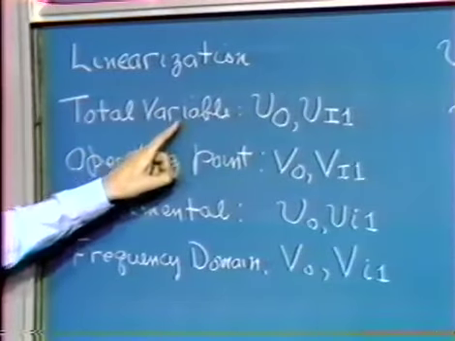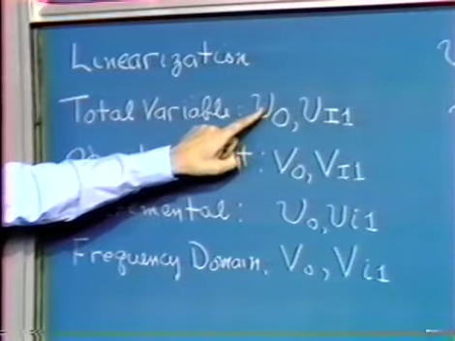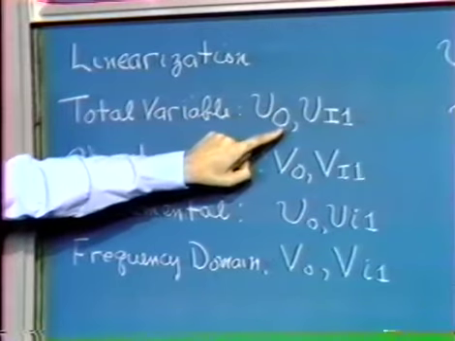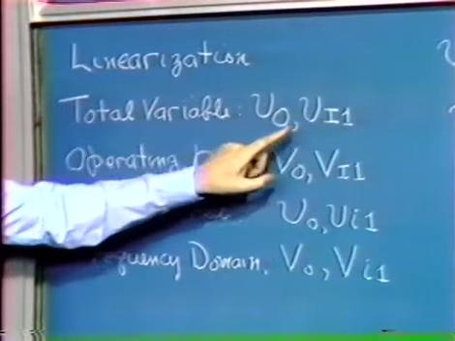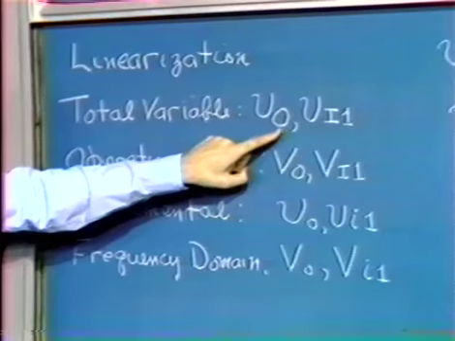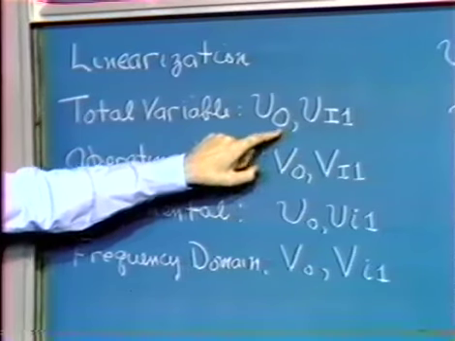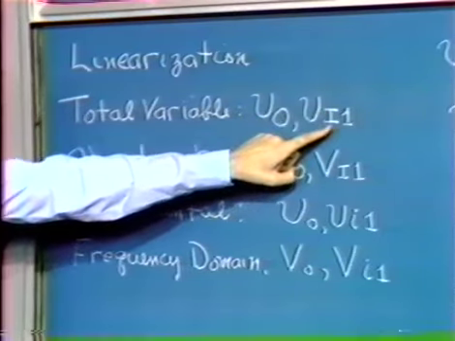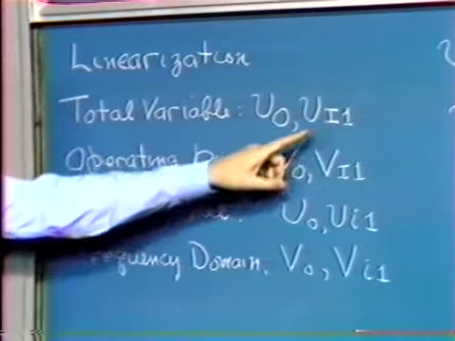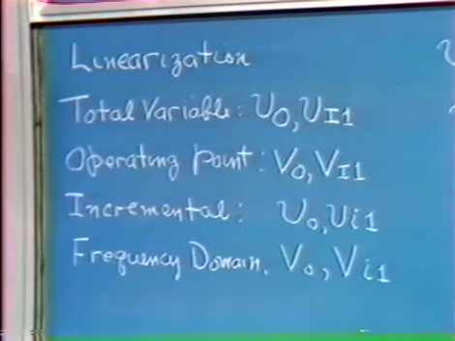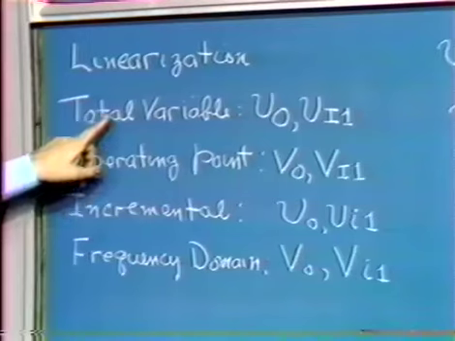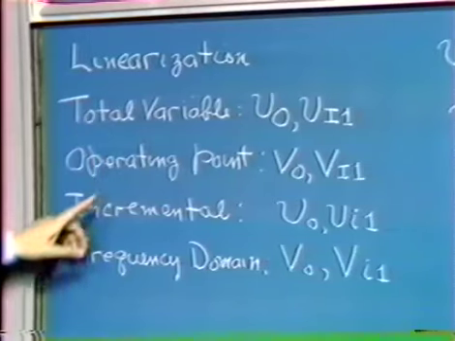We have a total variable, which consists of a lowercase variable with a capital subscript. So we might have lowercase v sub cap O to indicate an output voltage, lowercase v sub cap I1 to indicate a first input voltage. So that's the total variable indication.